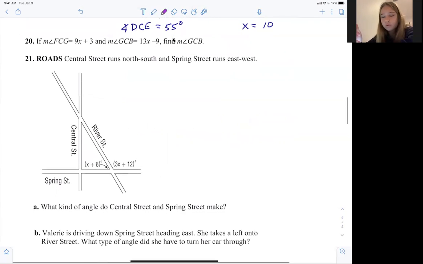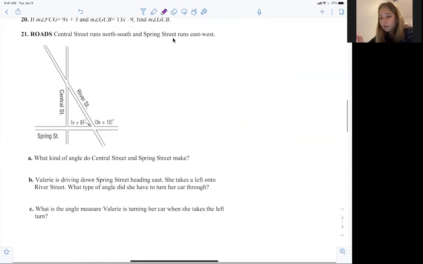21. Let's look at 21, ABC. What kind of angle do Central Street and Spring Street make? Yes, that's correct. Right angle. Valerie is driving down Spring Street, heading east.